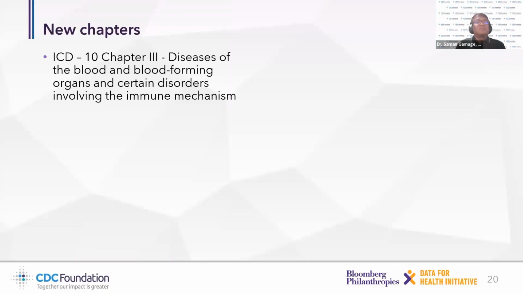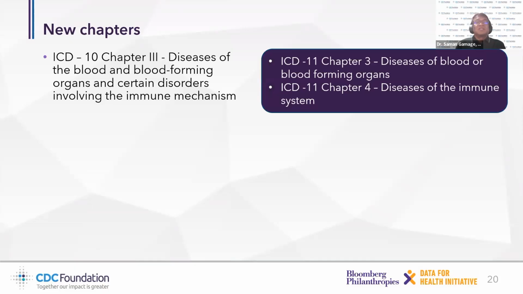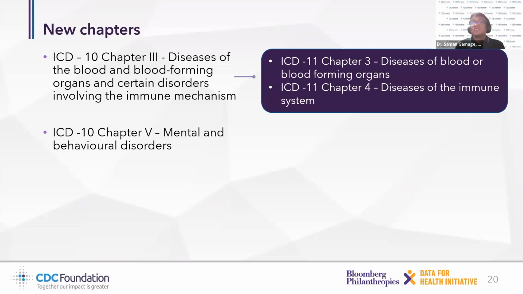Talking more about new chapters, as you know, ICD-10 chapter 3 is for diseases of the blood and blood-forming organs and certain disorders involving the immune mechanism. Chapter 3 is split into two. In ICD-11, we have two chapters. Chapter 3, diseases of the blood or blood-forming organs. Chapter 4, diseases of the immune system. In ICD-10, Chapter 5 is for mental and behavioral disorders.